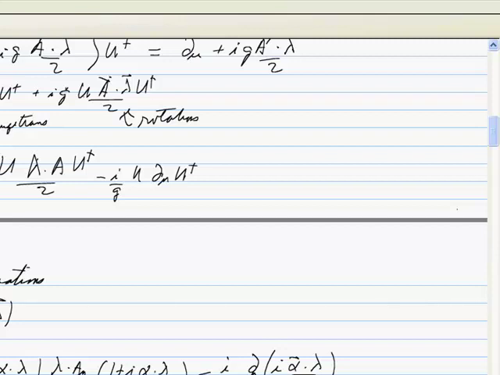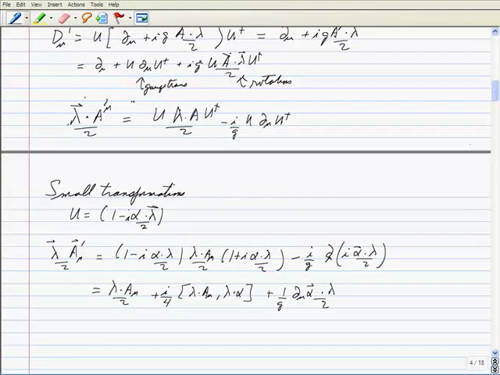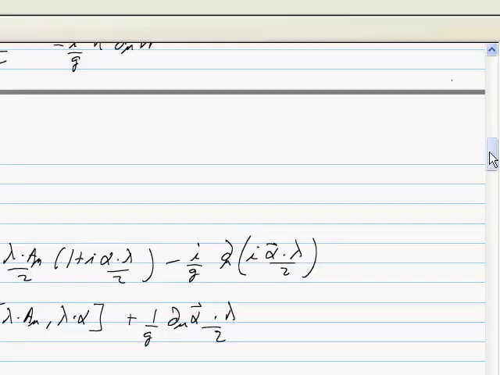One sits on this side, one sits on that side, and since the lambda matrices don't commute, I want these things to be a commutator of the two. So I think I've got it. I am worried about some signs on this because they don't quite match my notes at this moment, so there's something wrong somewhere.